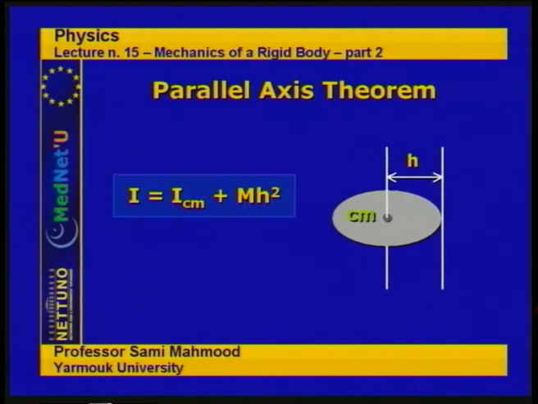So this way, if we know how far away the axis of rotation is from the axis through the center of mass, and we know the moment of inertia with respect to an axis going through the center of mass, then we can determine the moment of inertia with respect to the new axis.